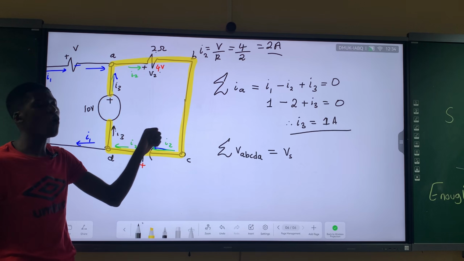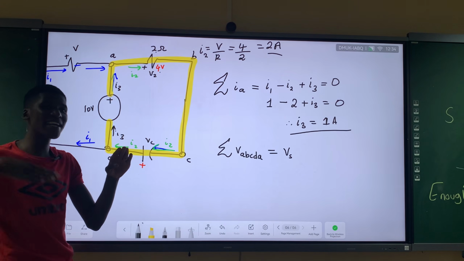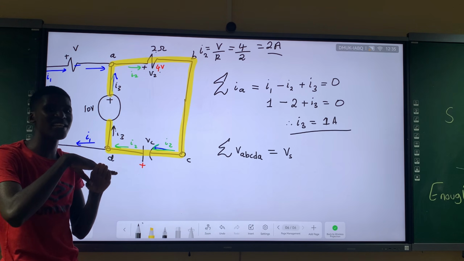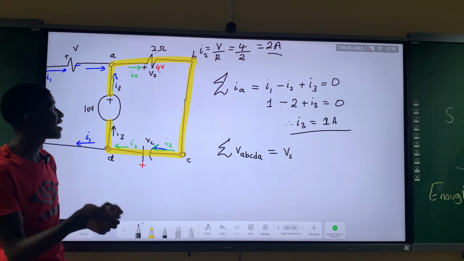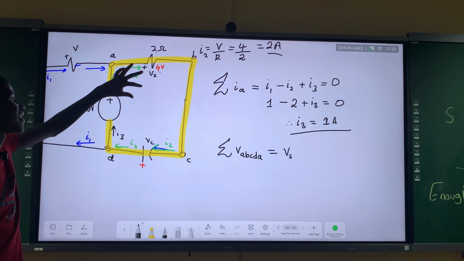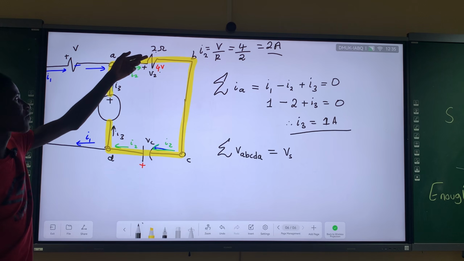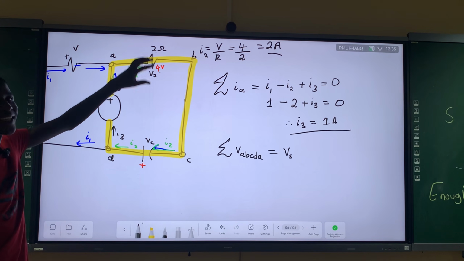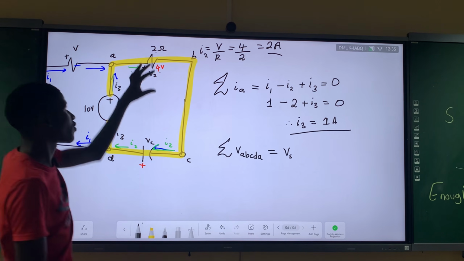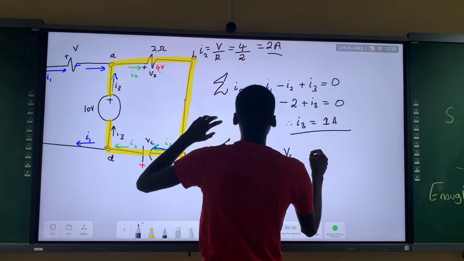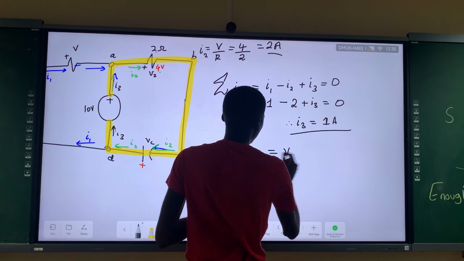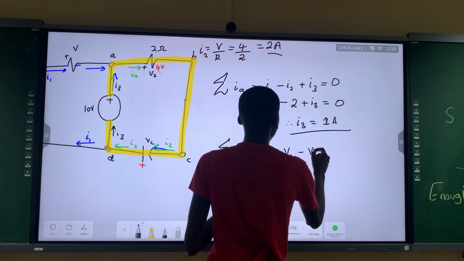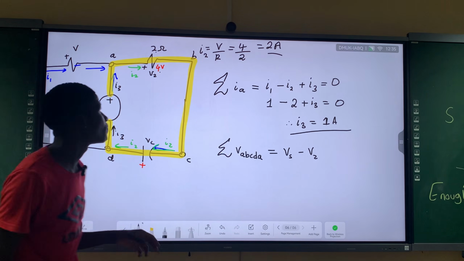For a resistor, when current enters at the positive, it's a voltage loss, because the energy from the charges will be used up. That's why it's a voltage drop. So the voltage through this resistor, V2, which they told us is 4 volts, we're going to write as negative, minus V2.